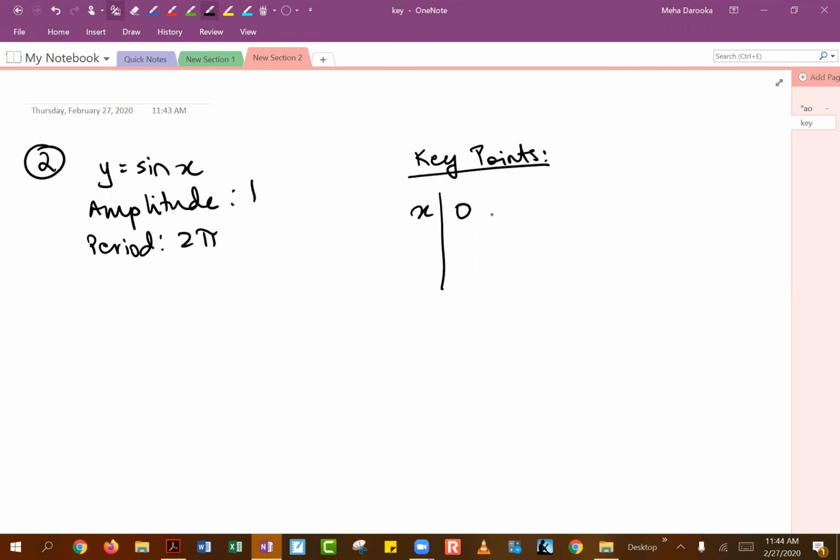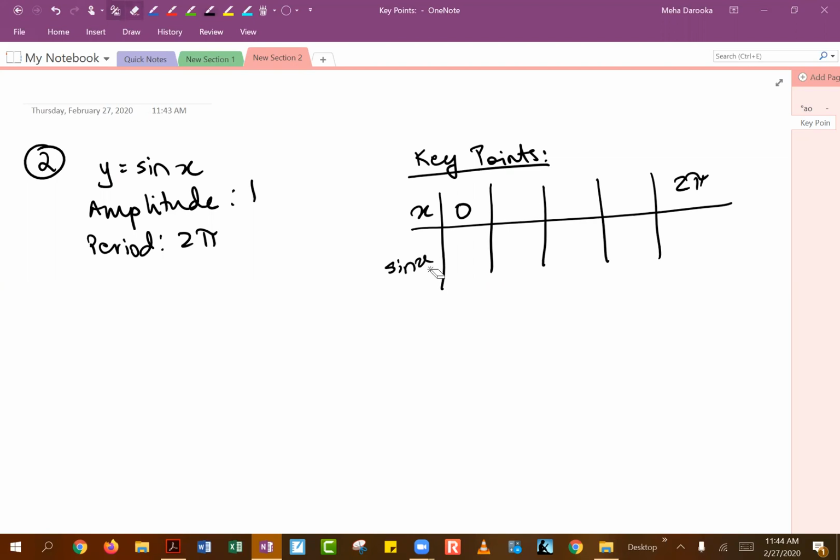And then you remember you are going to 2 pi. So at 0, what is sine of x? 0. At 2 pi? Zero? Yeah, because you come a full circle, right? So you actually end up at the same point.